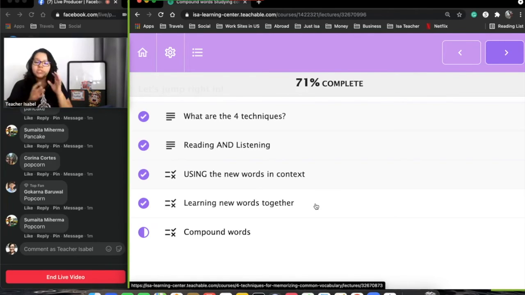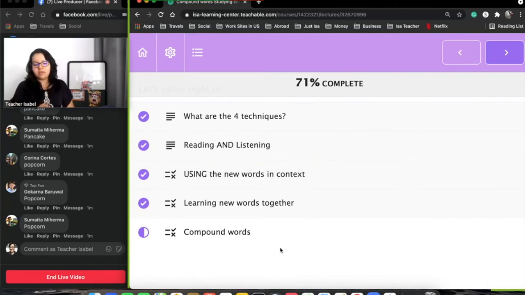So learn words that are somehow connected, and then jump to a different type of connected words or topic of words. And then compound words. I think those are pretty important to learn.